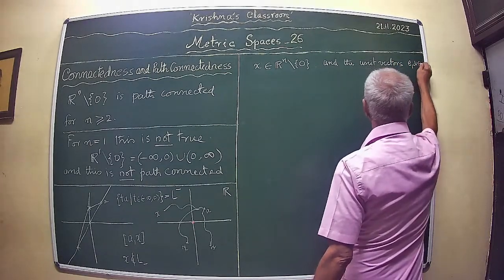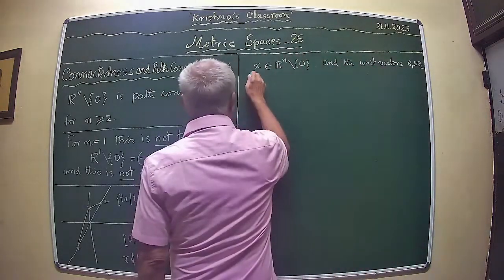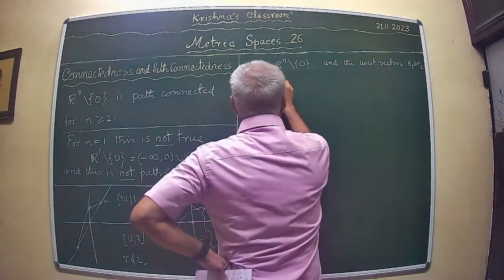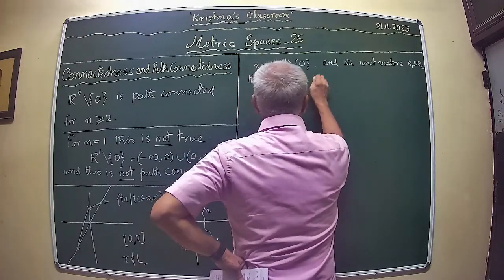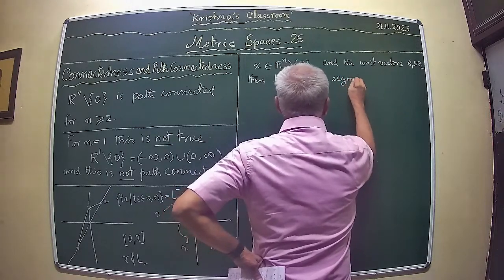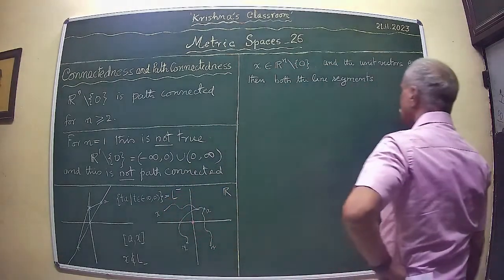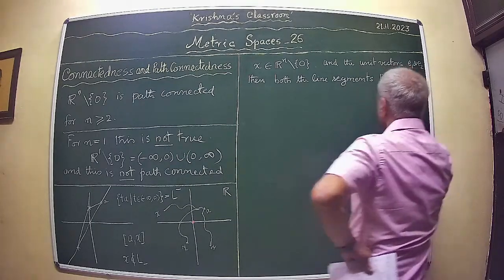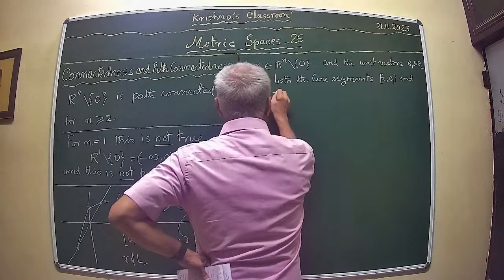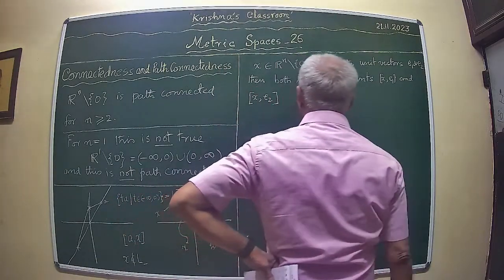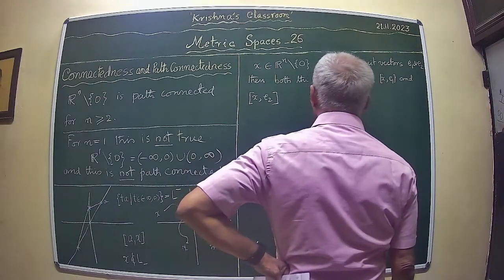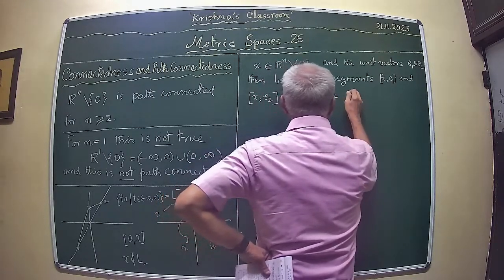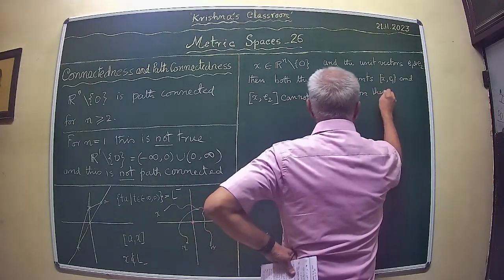and the unit vectors e1 and e2. Then both the line segments xe1 and xe2 cannot have 0, one of them may have.